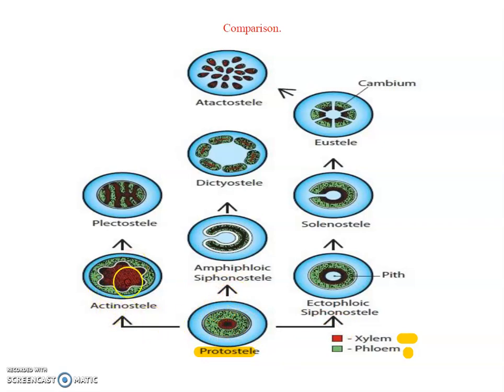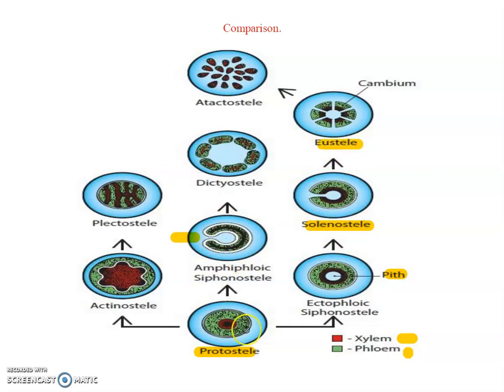Here actinostele star shape, plectostele plate-like. Here siphonostele. Here what happened? In the ectophloic siphonostele pith is present, pith starts to develop, then xylem and then phloem. Here leaf gap develops, solenostele here. In solenostele, leaf gap is developed.